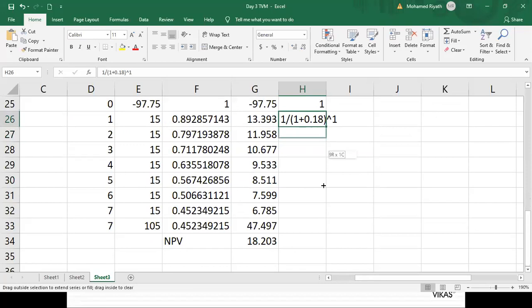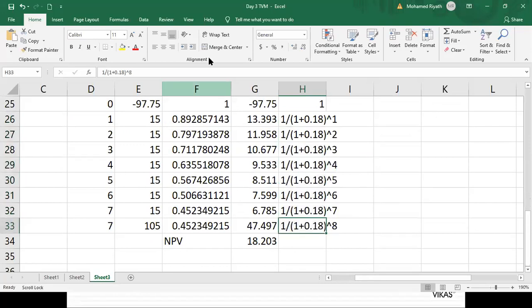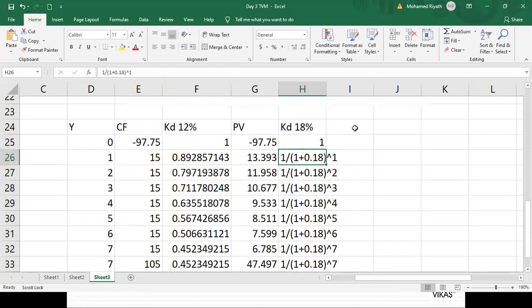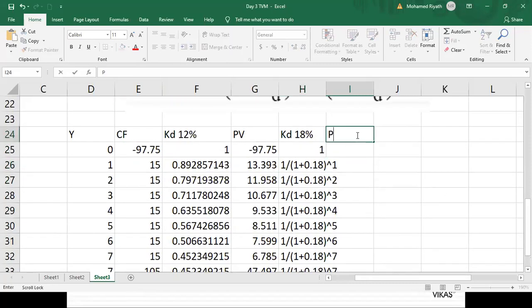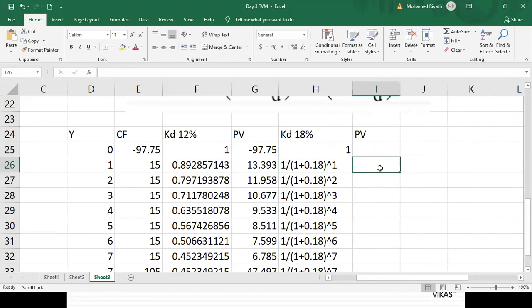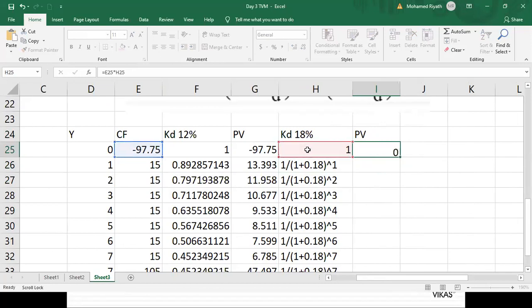We convert the future cash flows into present value, the cash flow into this.